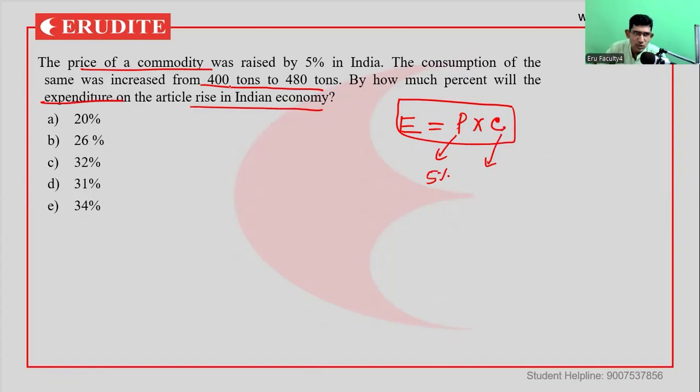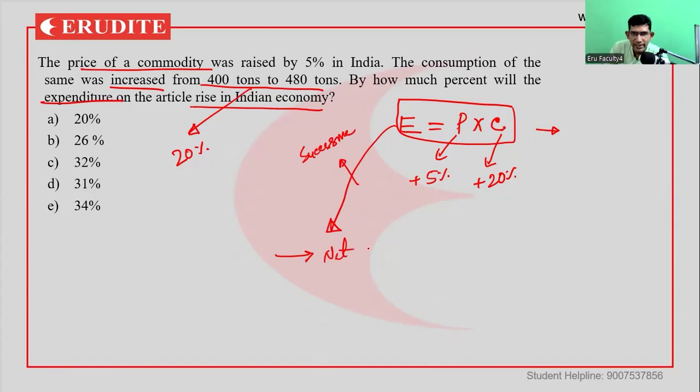What about consumption? Consumption also increased from 400 tons to 480 tons, which means a 20% increase. So consumption increased by 20% and price increased by 5%. So what will the percentage net change in expenditure be? Again, as there is a product relationship, the percentage change in expenditure will be given by the successive change formula. You apply the same concept: X plus Y plus X into Y upon 100, which will be equal to 26%.